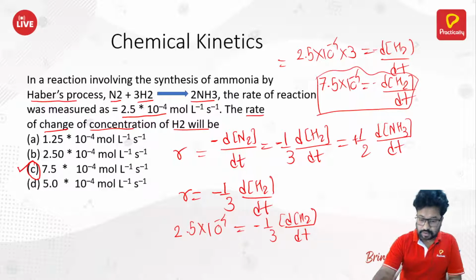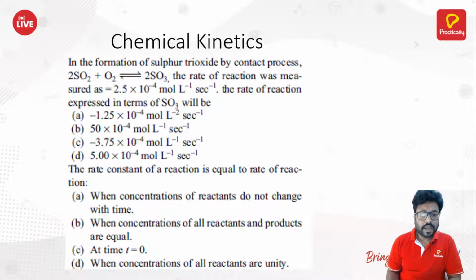Okay, moving ahead. Next, in the formation of sulfur trioxide by the contact process, 2SO2 reacts with O2 to give you 2SO3. The rate of reaction was measured as 2.5 into 10 raised to minus 4 mole per liter per second. The rate of reaction expressed in terms of SO3 is? How can we calculate it?